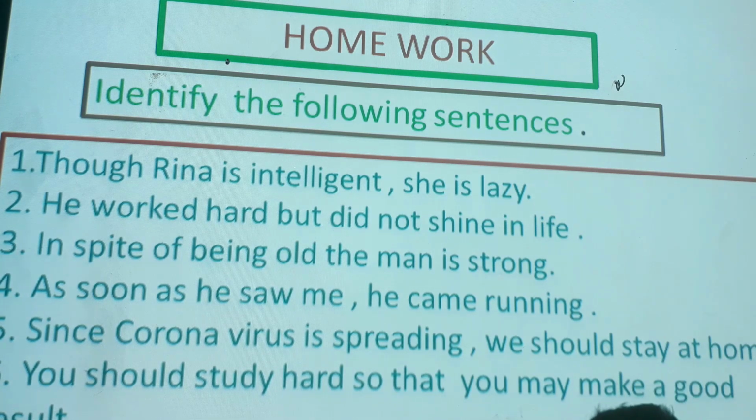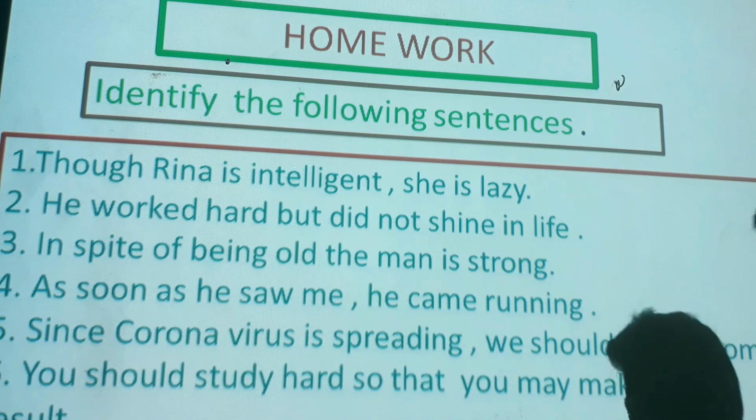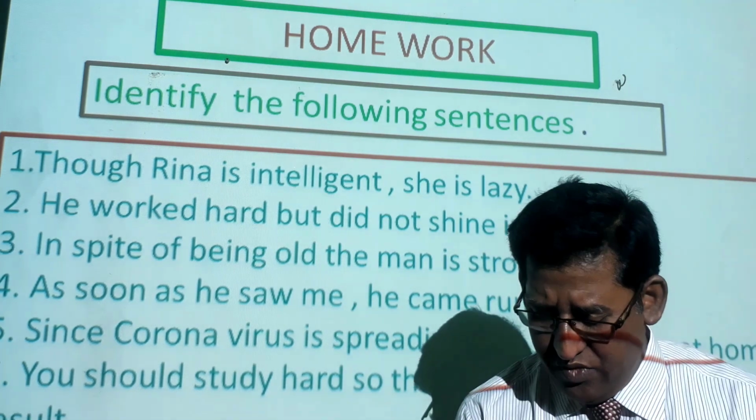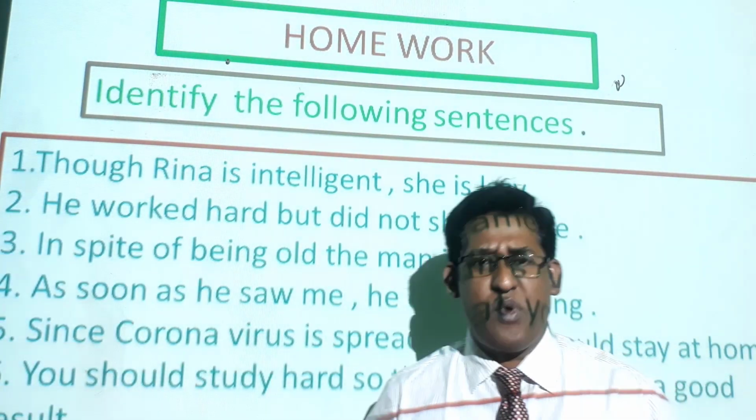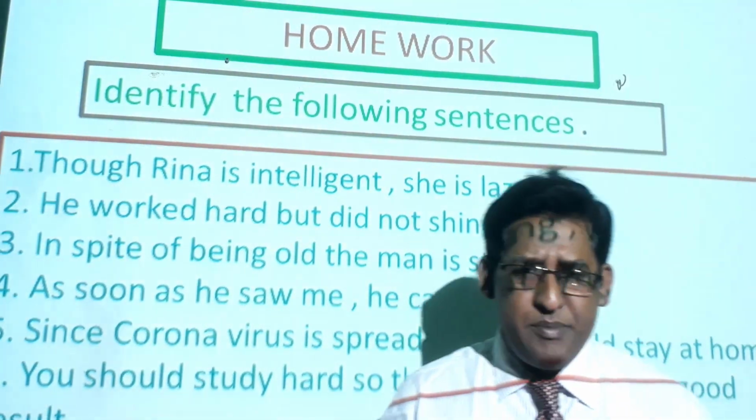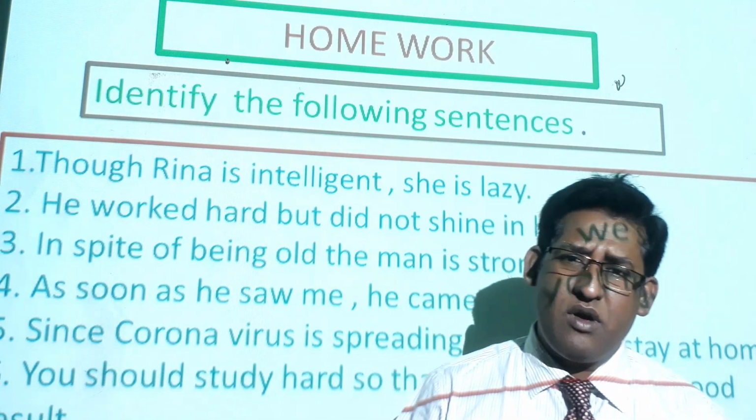Simple, compound, or complex? Just you will try to identify the sentences. You should study hard so that you may make a good result. This sentence, which sentence?